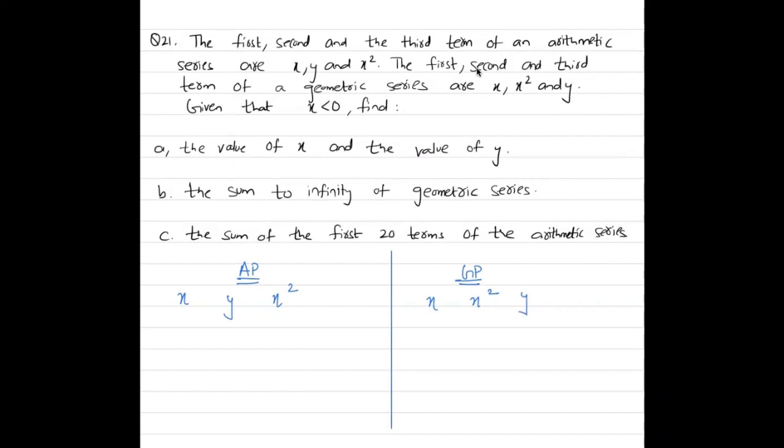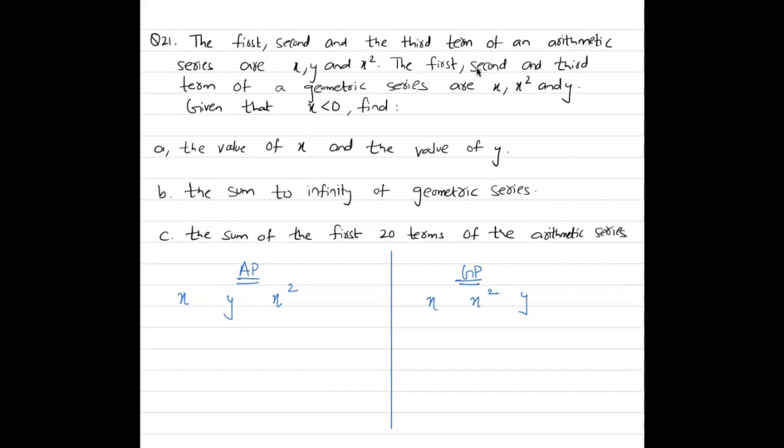Now, how can you come up with the equations to do that? As far as the arithmetic progression is concerned, what is so significant about this progression? How do you identify that it's going to be an arithmetic progression?